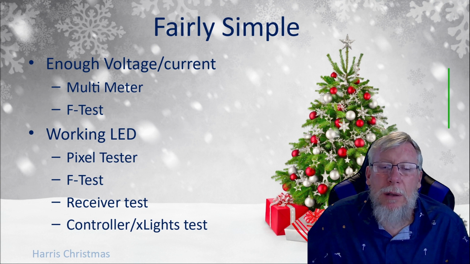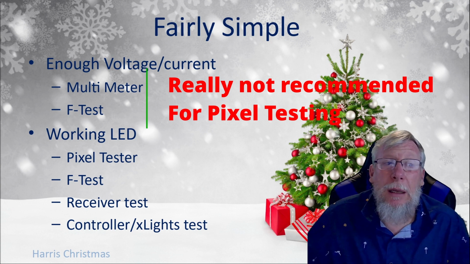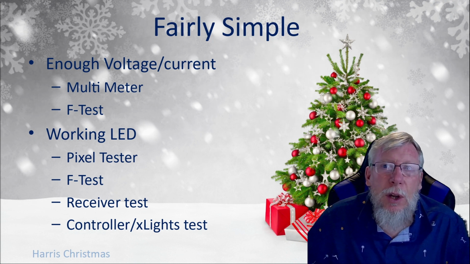Or you can test directly from the controller or xLights, but those require that the controller is configured correctly. One thing, when you're testing pixels to see if pixels are functional from xLights, don't test from the sequencer page. Test from the controller test page.